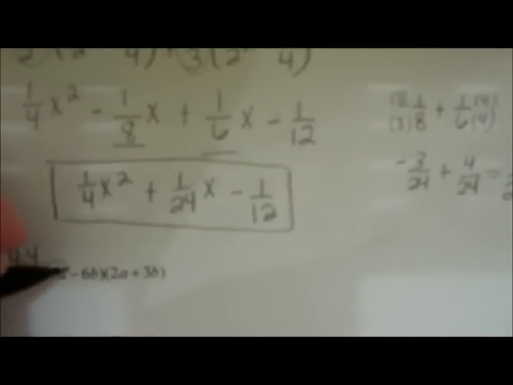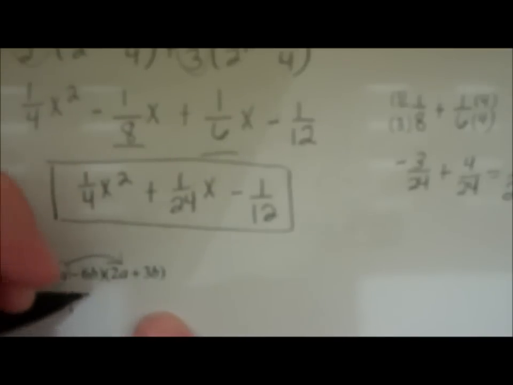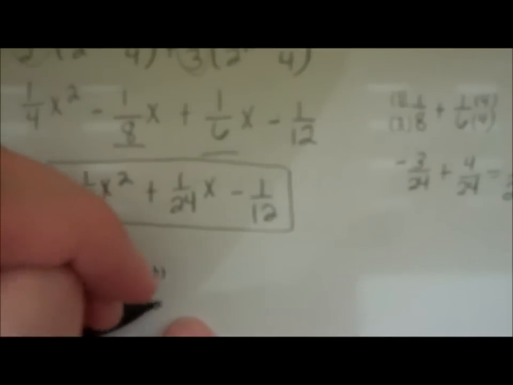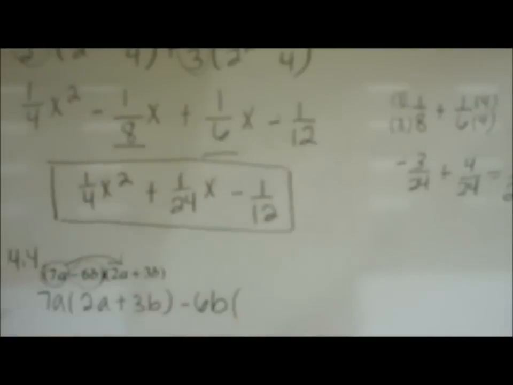Okay, number 24 comes from section 4.4. Same thing. I'm going to take this 7a, distribute it to the parentheses, 2a plus 3b. Second term, negative 6b, multiplied by the parentheses, 2a plus 3b.